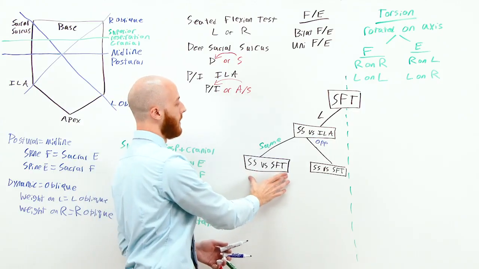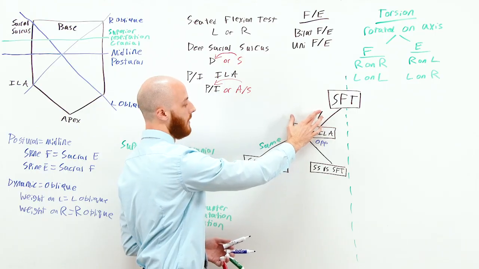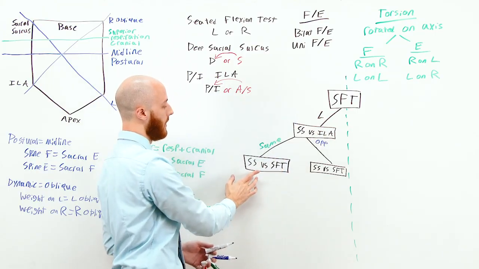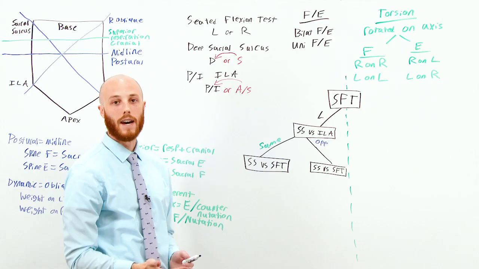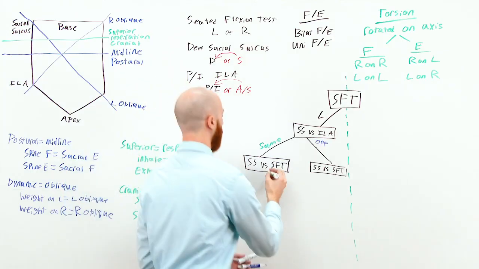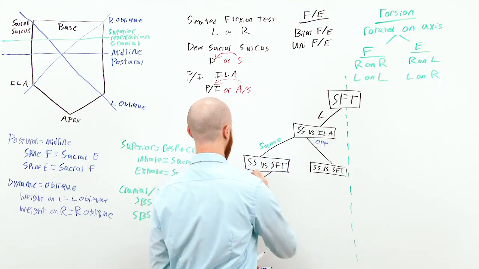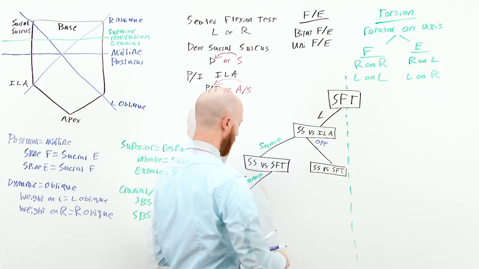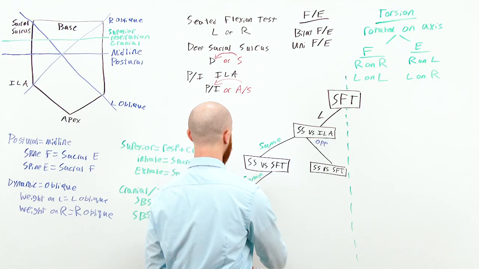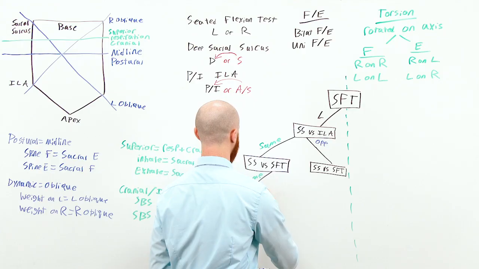For this side of the equation, if the seated flexion test is on the left and the deep sacral sulcus is also on the left, they're on the same side. If they're both on the same side, then you know you have a left unilateral flexion.